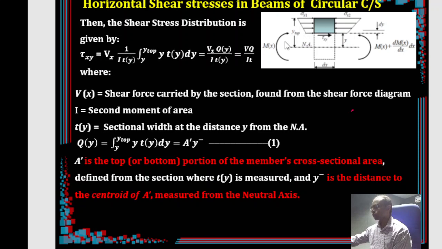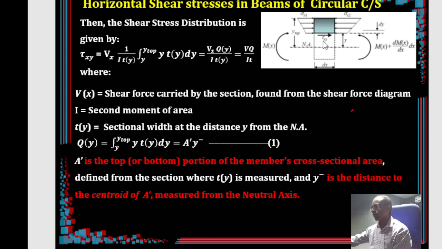You should always keep in mind how we came to the development of this equation. To calculate the horizontal shear stress, we have taken a plane at a distance y from the neutral axis.